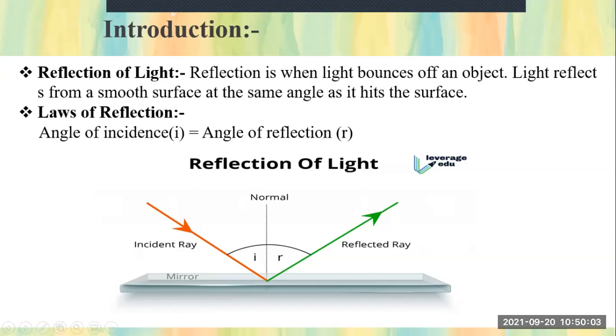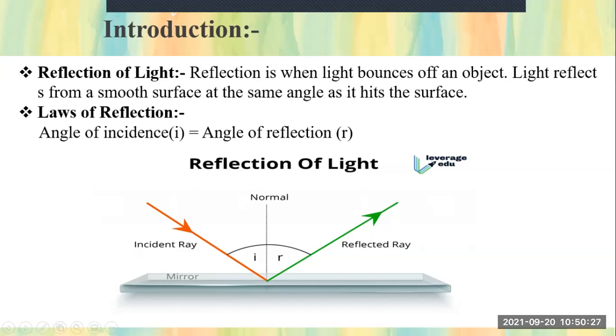Now see, the ray which is incident on this plane surface, students, is known as the incident ray. And the ray which bounces back from this smooth surface is known as the reflected ray. Okay, and can you see a straight line here?